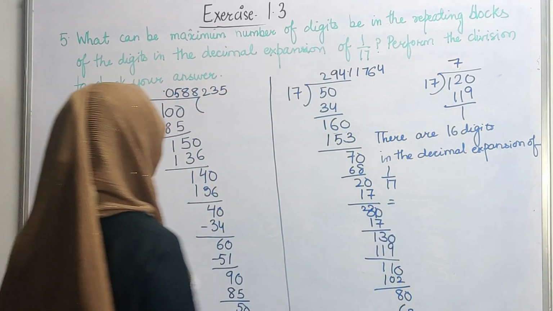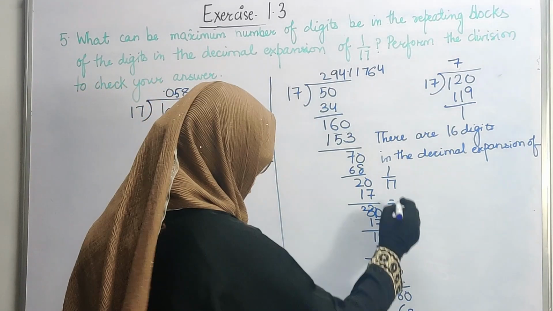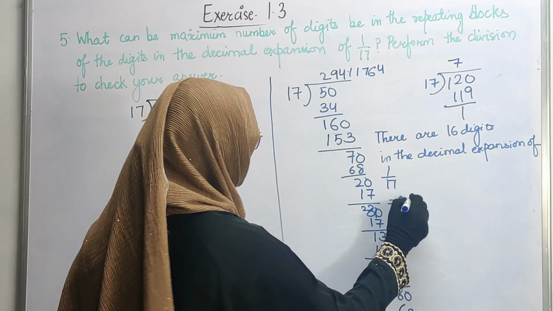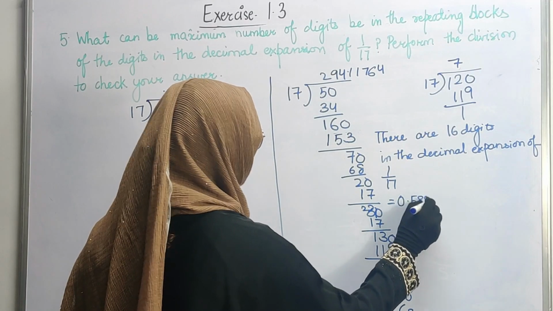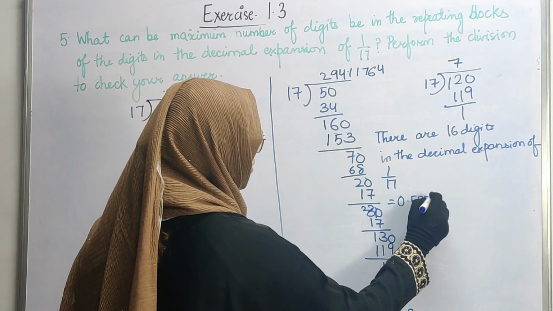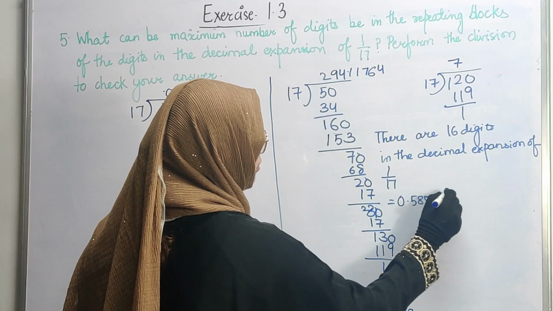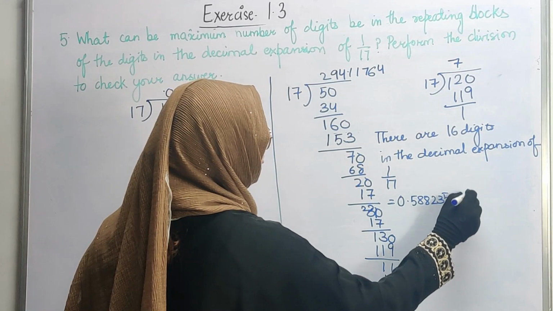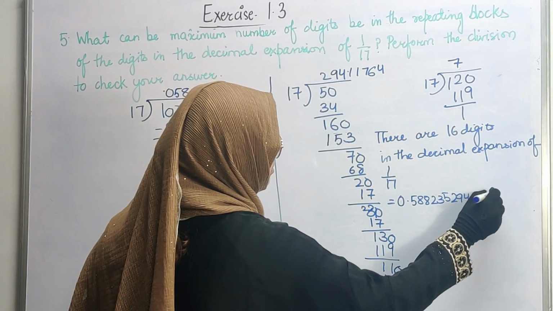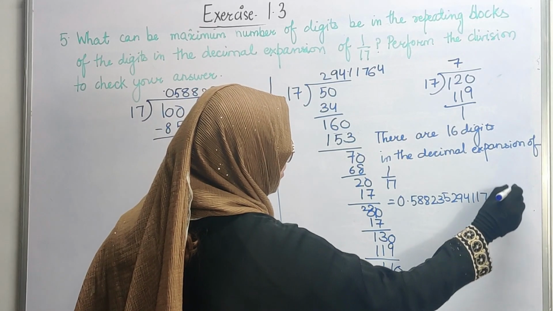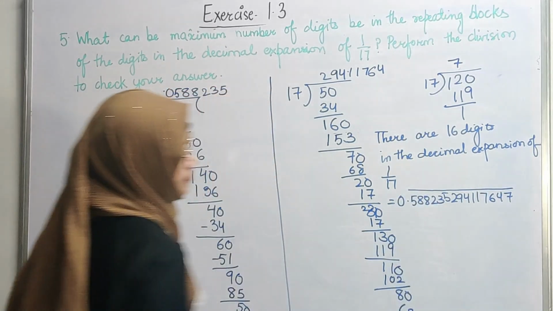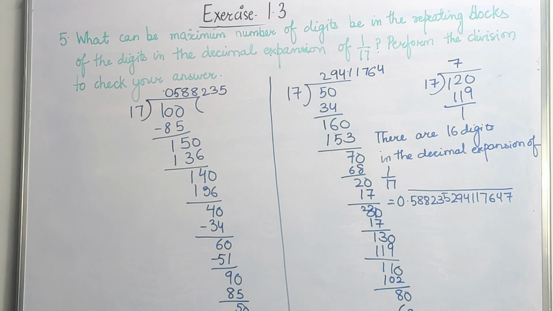And what is the decimal expansion? The decimal expansion is 0.588235294117647 and whole bar. This is your answer.